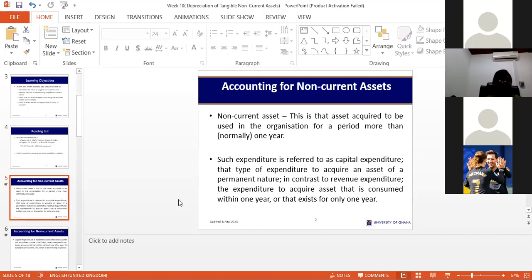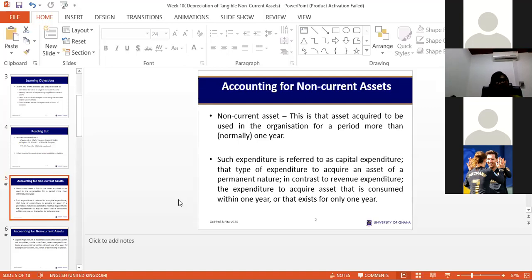So anytime we acquire a non-current asset, we have incurred a capital expenditure. We also know that when we incur a capital expenditure, we debit the non-current asset and credit cash, bank, or whoever sold it to us. And that entry goes into the statement of financial position.